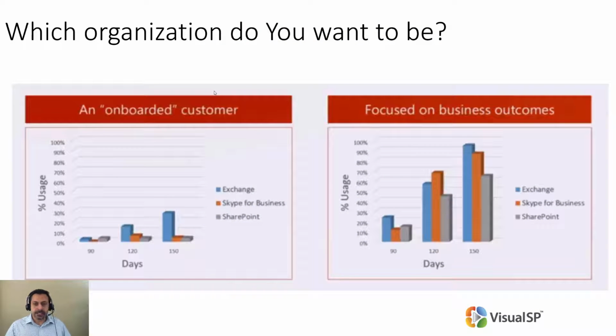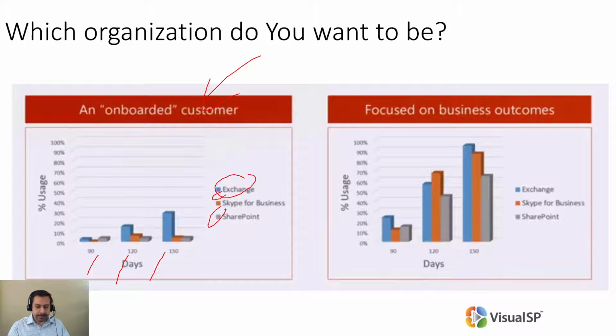You want your organization, you want your people to really truly gain adoption by getting traction in the business scenarios. For example, on the left over here, you look at this graph, an onboarded customer. Yes, it's going up. There's more people using email, more people using Skype or SharePoint, things like that.